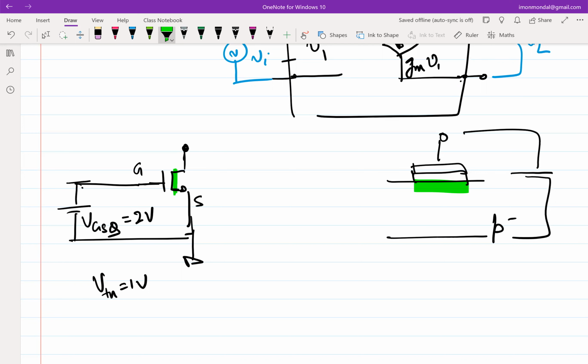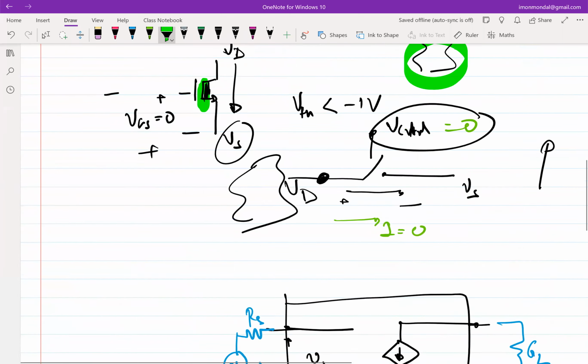But you will have channel charge, which means the transistor is on. Do you agree? In the absence of channel charge, we call it cutoff. In the presence of channel charge, it's on. Cutoff doesn't mean not saturation. Cutoff means off.